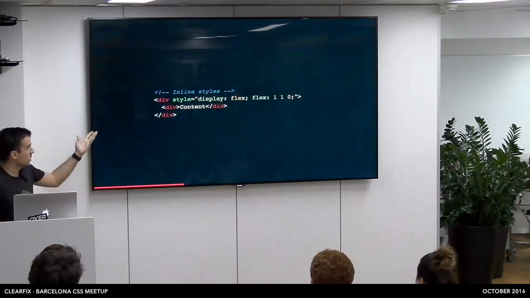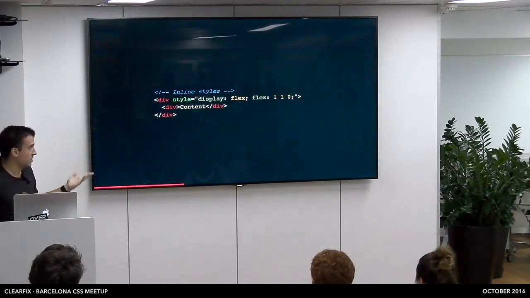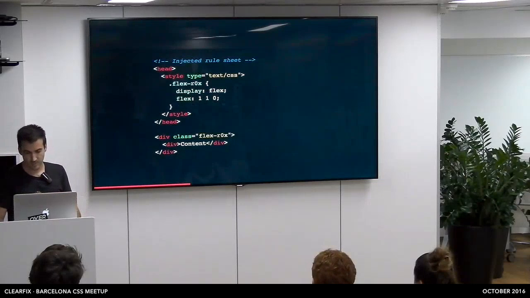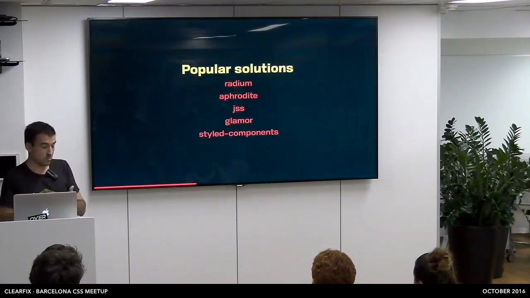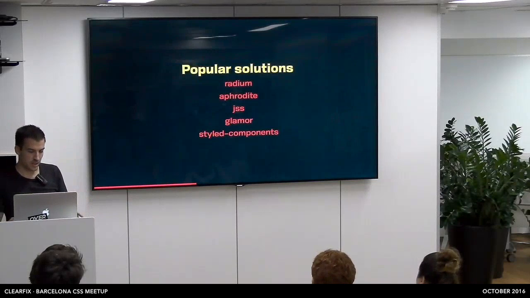So I guess you know, and Giorgio also told us, this is inline styles and this is an injected rule sheet. And these are the most popular solutions for writing CSS inside JavaScript.